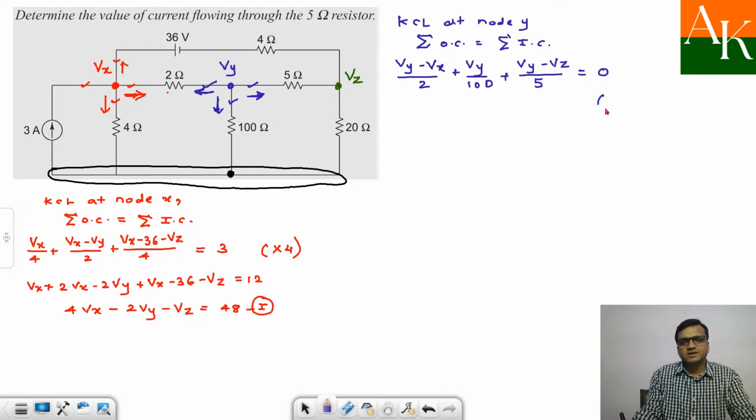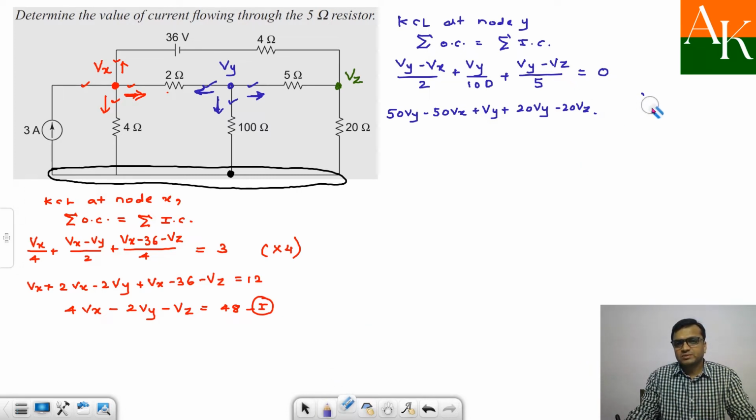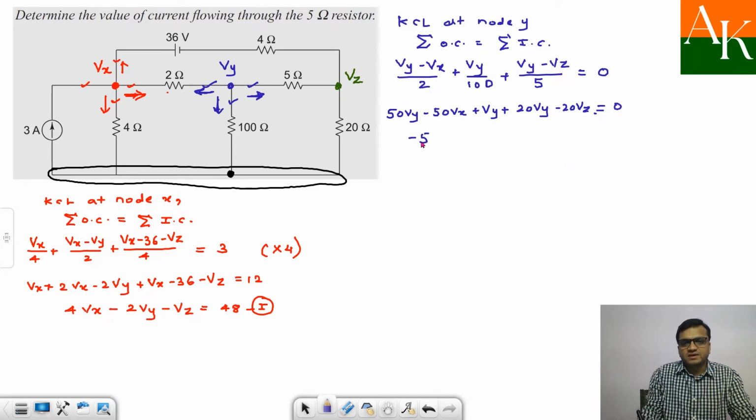So the LCM is 100, so I will multiply throughout by 100 and this will give me 50Vy minus 50Vx plus Vy plus 20Vy minus 20Vz is equal to 0. One can write this equation in a nice format as minus 50Vx plus 71Vy minus 20Vz is equal to 0, and this is my equation number 2.